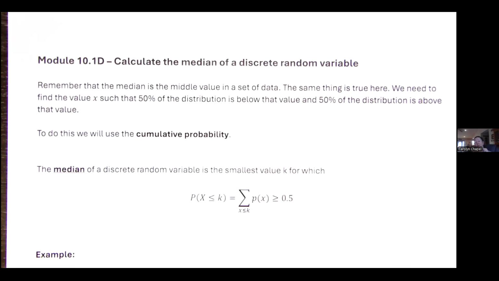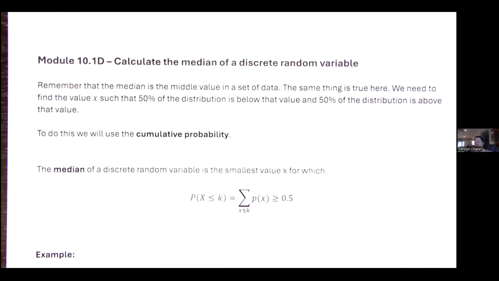The median is our middle. Remember our box plots, we found Q2. Q2 was the middle of our data. It's also our 50th percentile. So 50% are below you, 50% are above you. So the 50% is at 0.5 when we're doing a cumulative.